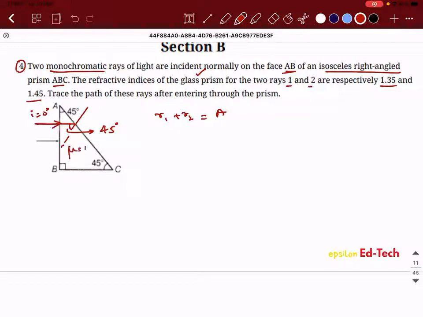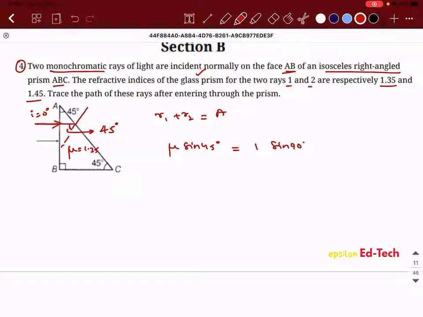So the refractive index of this prism is 1.35. So mu times sine 45 is equal to 1 times sine 90. If I take it something like this, I'm trying to find the critical angle. So what is the value of mu, guys?